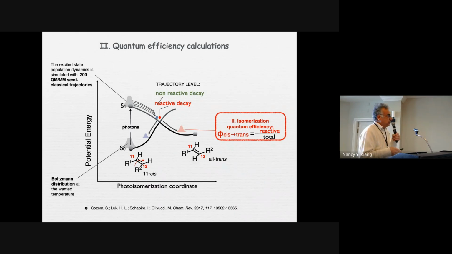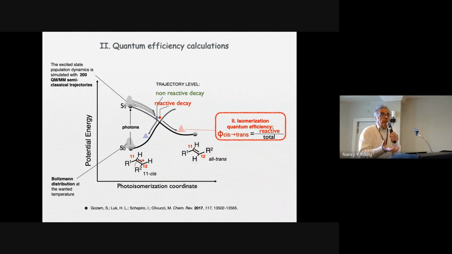the photoisomerization. So what you do, you construct your model, and you then generate a Boltzmann distribution at the wanted temperature. So if you know the temperature where, I don't know, this organism is actually living. And this Boltzmann distribution is substantially represented by a collection of snapshots, a dynamical snapshot of how this model is moving to represent the Boltzmann distribution.